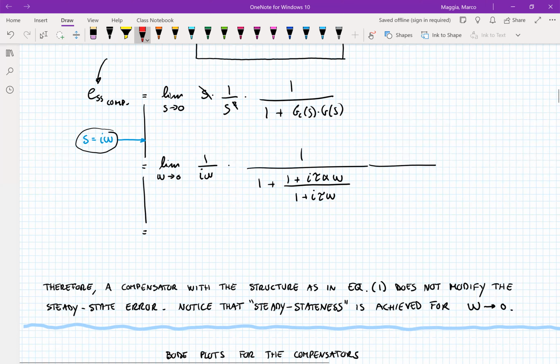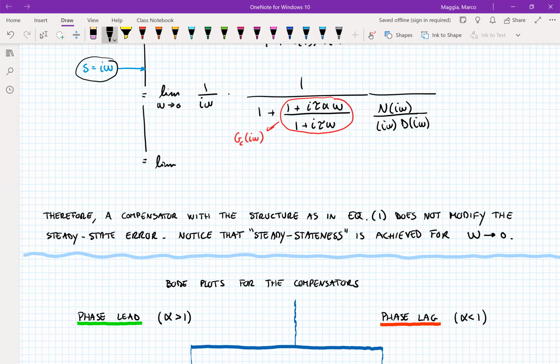So this is our Gc of i omega in the form that we found earlier, times n of i omega over i omega d of i omega.